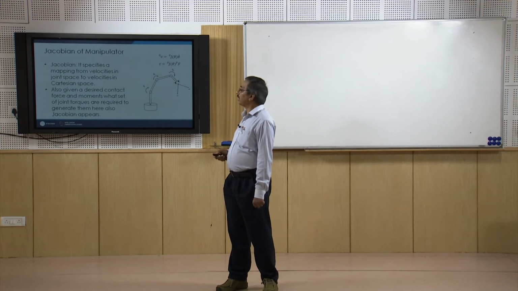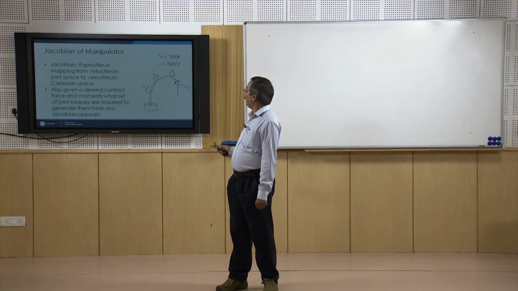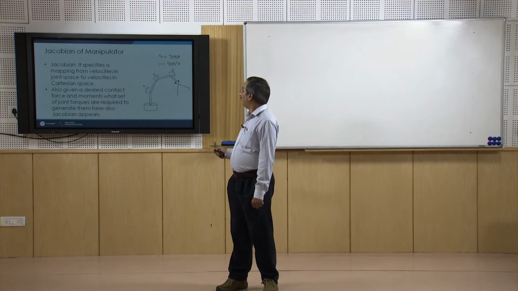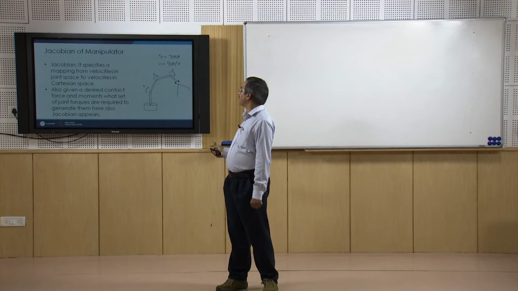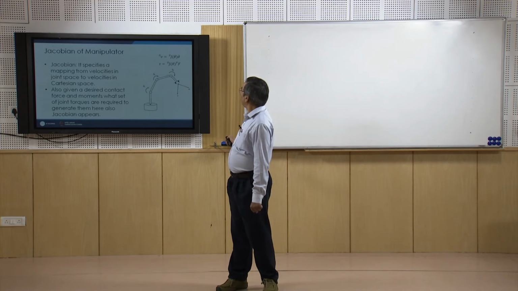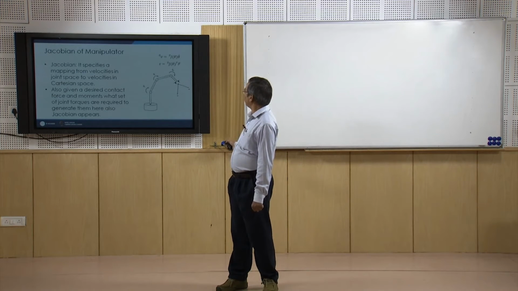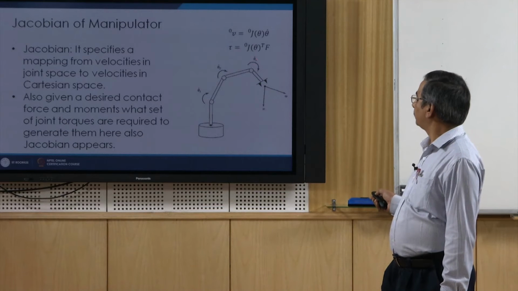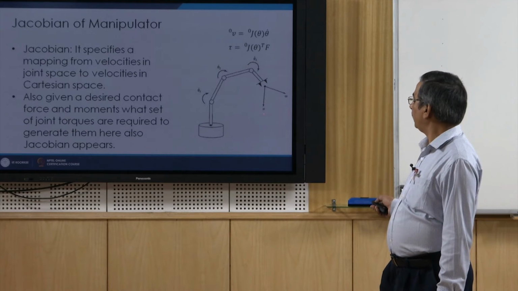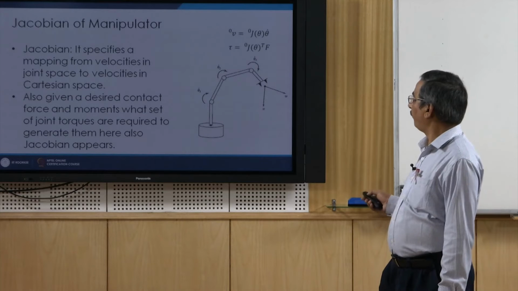Next is the Jacobian of the manipulator. Jacobian actually specifies a mapping from velocities in joint space to velocities in Cartesian space, and the relationship is something like this. For this manipulator, you can see that the joint space velocities are theta 1 dot, theta 2 dot and theta 3 dot, and the Cartesian space velocities are the angular velocities omega and the linear velocities v.